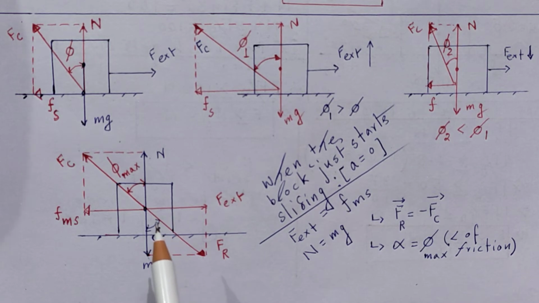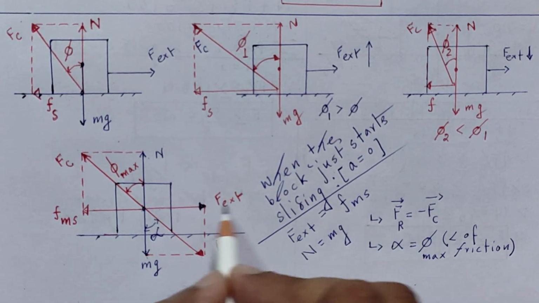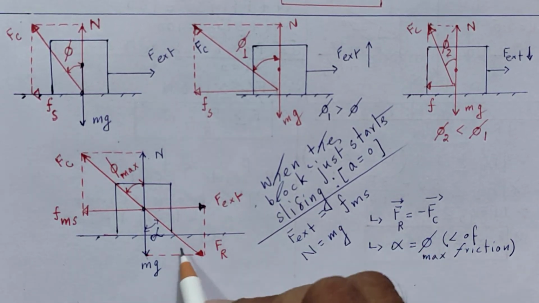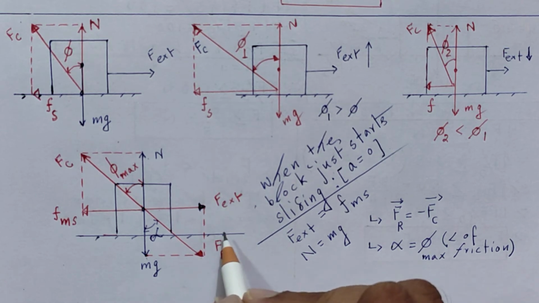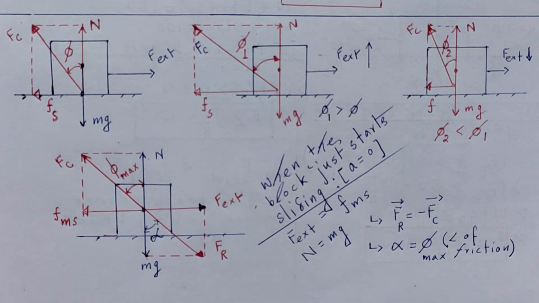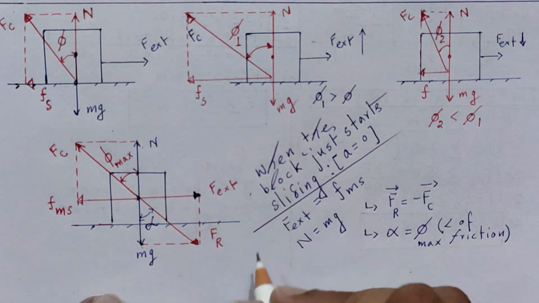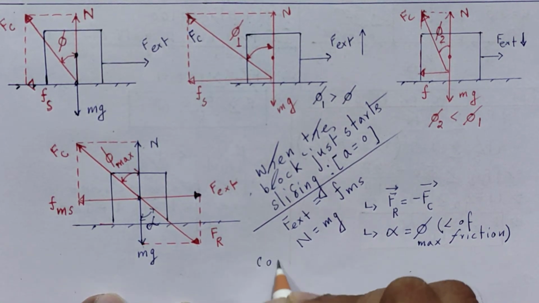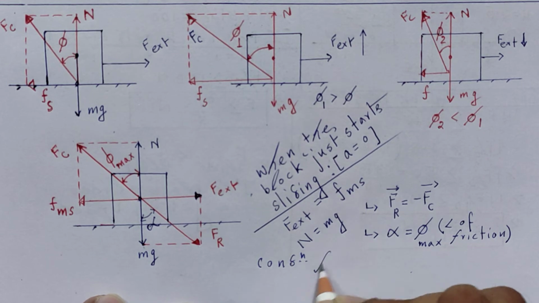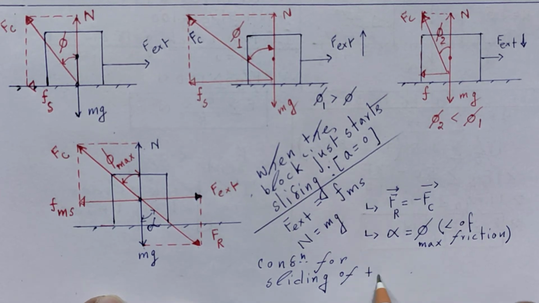Okay. So basically, now if you increase this external force, this arrow will become longer and the resultant force will move towards that longer force. So alpha will increase and alpha will become greater than phi max. So what is the condition for sliding of the block?